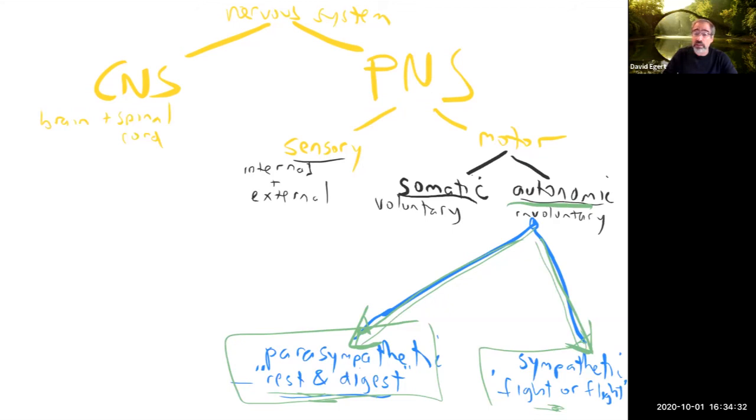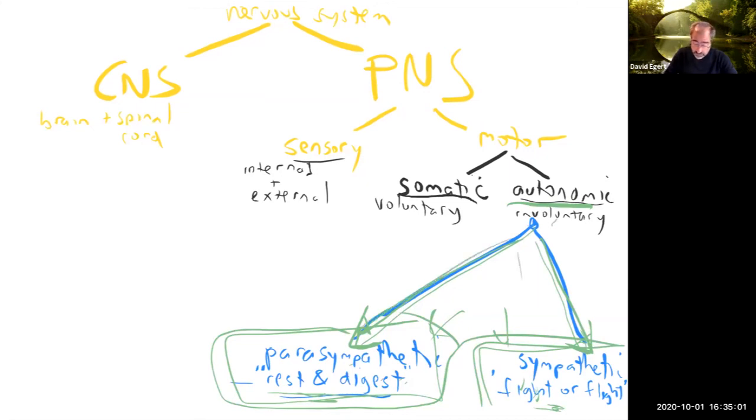And it's really easy to selectively affect one or the other using different kinds of drugs. So it's important to understand how these are functionally different, so you understand what an anticholinergic, or a cholinergic agonist or antagonist, would do versus an adrenergic agonist or antagonist, based on what we know about the physiology of these different divisions. So we need to think about them separately.